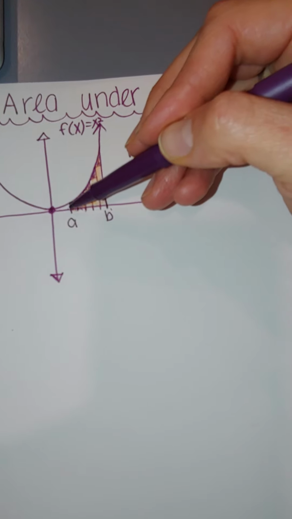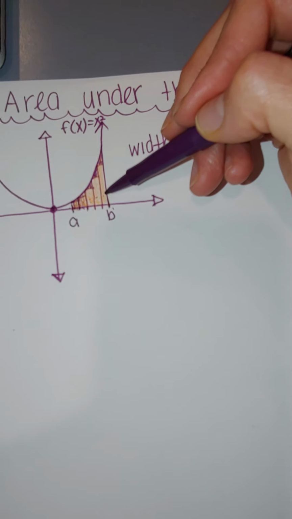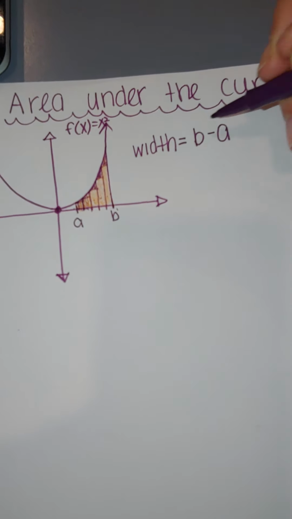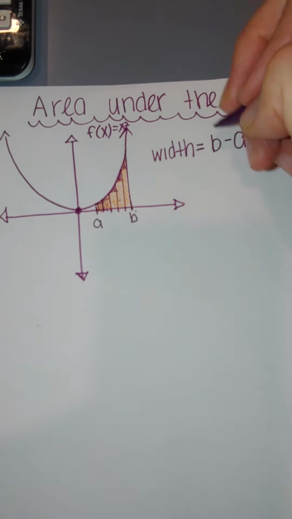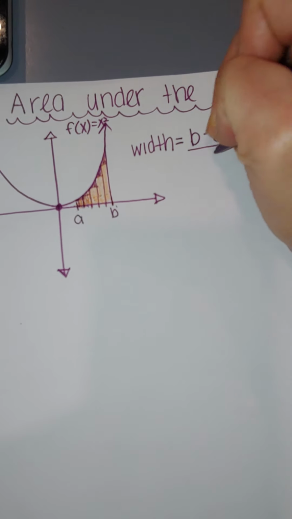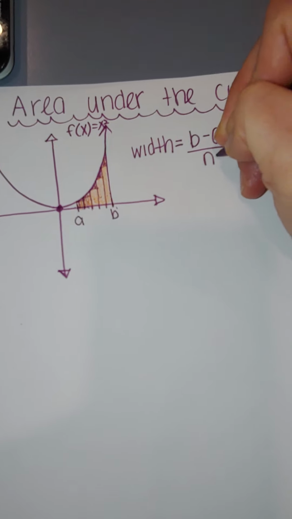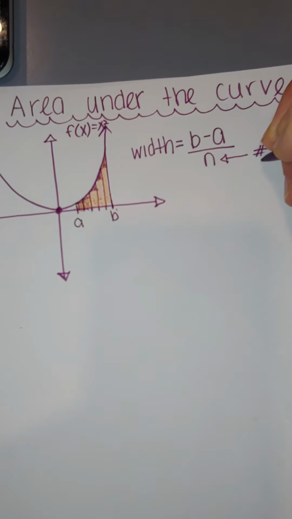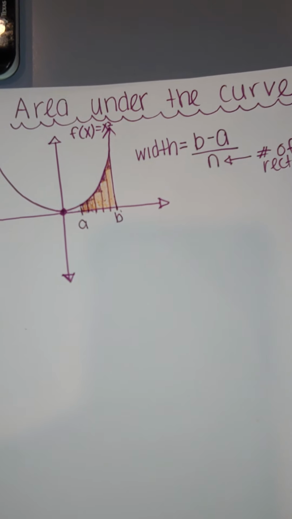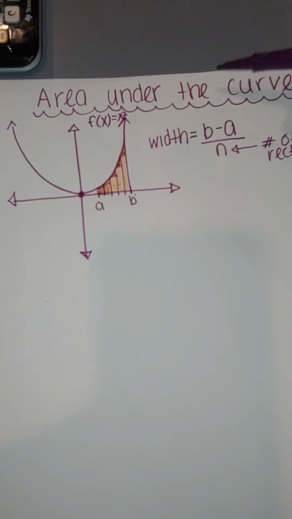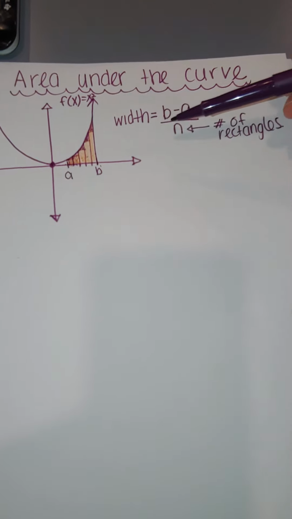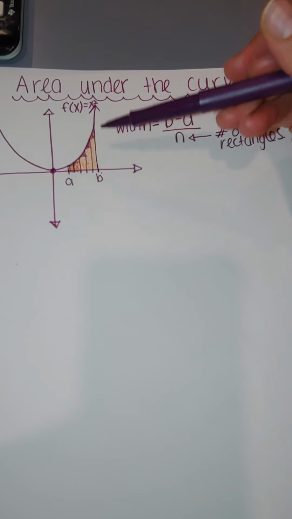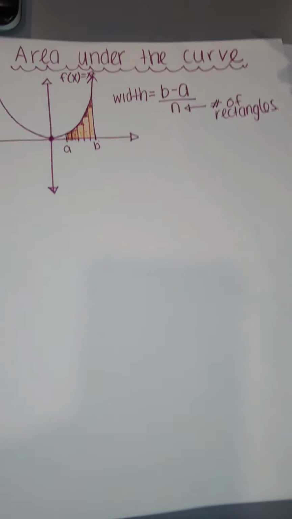So if I broke this up into 1, 2, 3, 4, 5 rectangles, I would divide by 5, and that would tell me how wide each rectangle is. But I don't know how many I'm going to put in here right now, so I'm just going to put an n representing the number of rectangles. That will tell me how wide each rectangle is. So I find the space between, and then I divide by the number of rectangles.